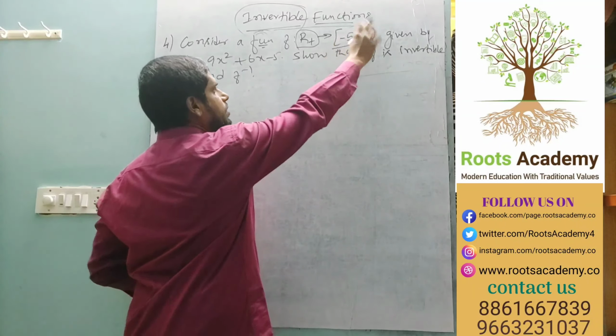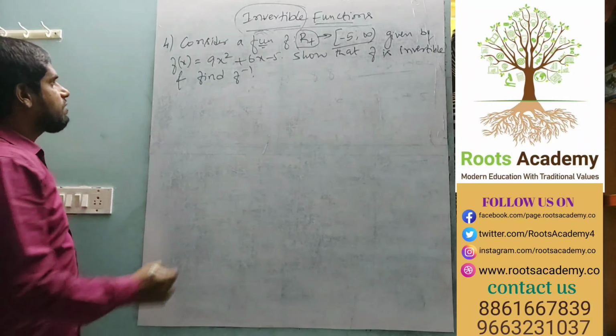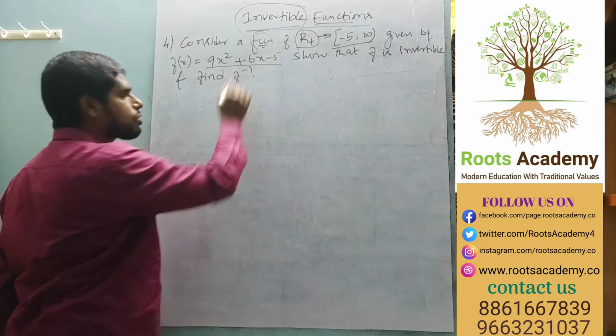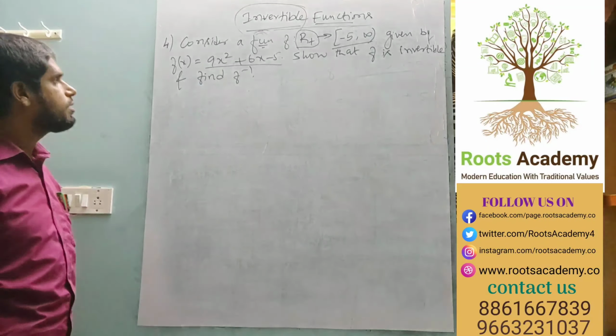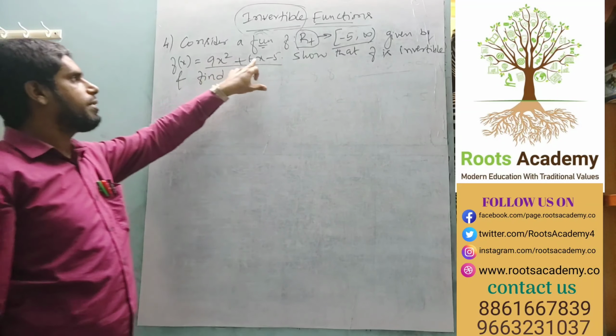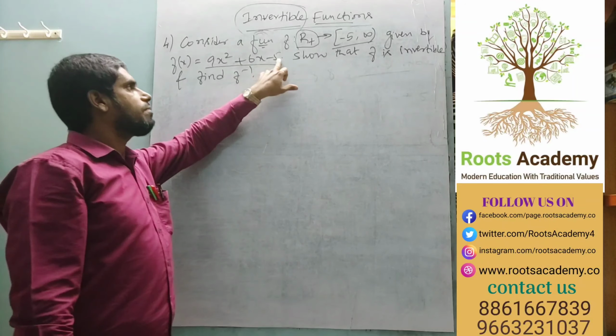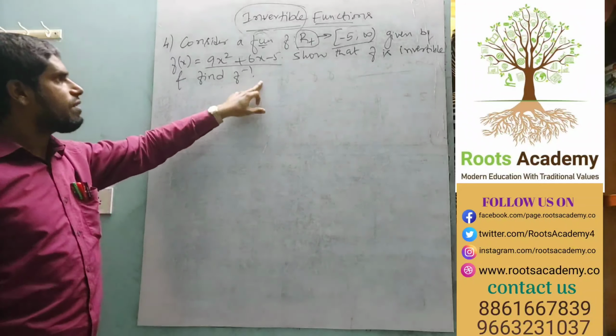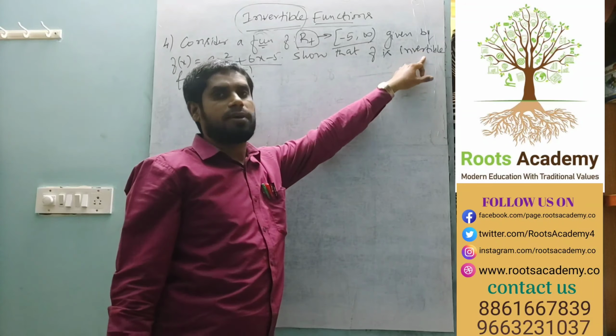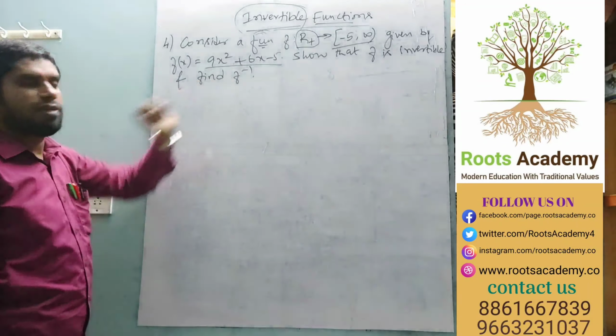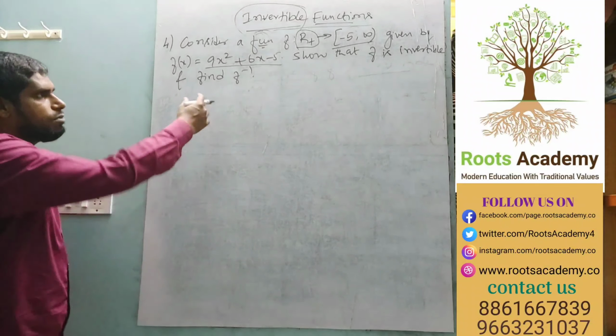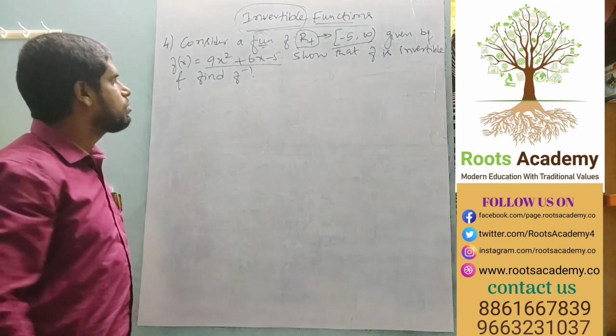What is the given function? It is purely a quadratic equation again, where a is 9, b is 6, c is minus 5. We should show that this function is invertible and find f inverse. Again we'll use the concepts of one-one and onto.